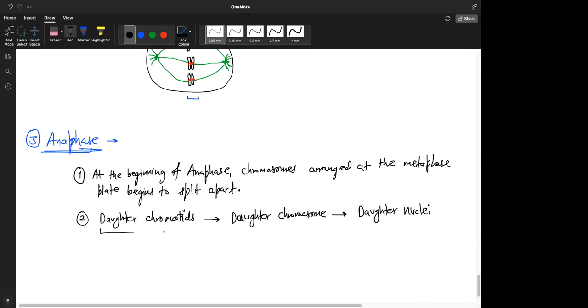So these daughter chromatids begin their journey or migration towards the opposite poles.